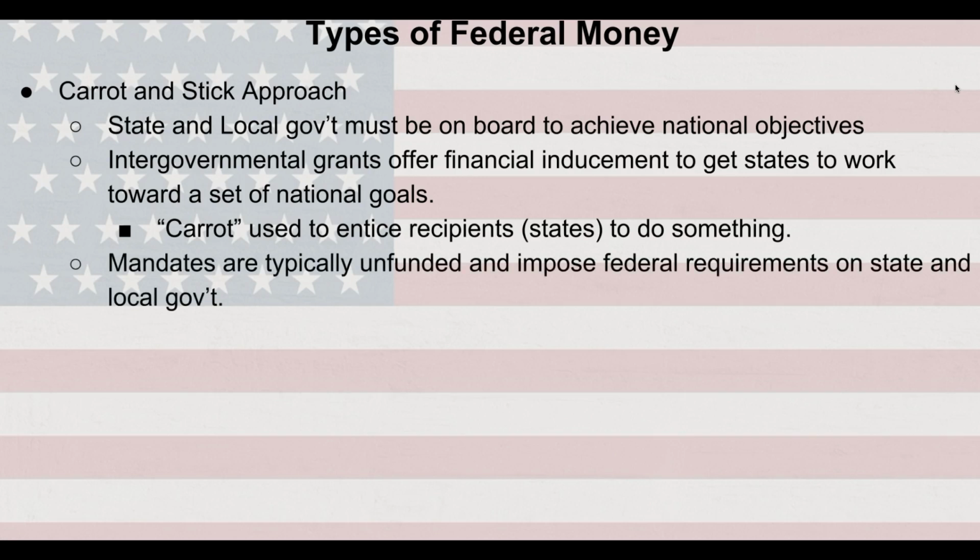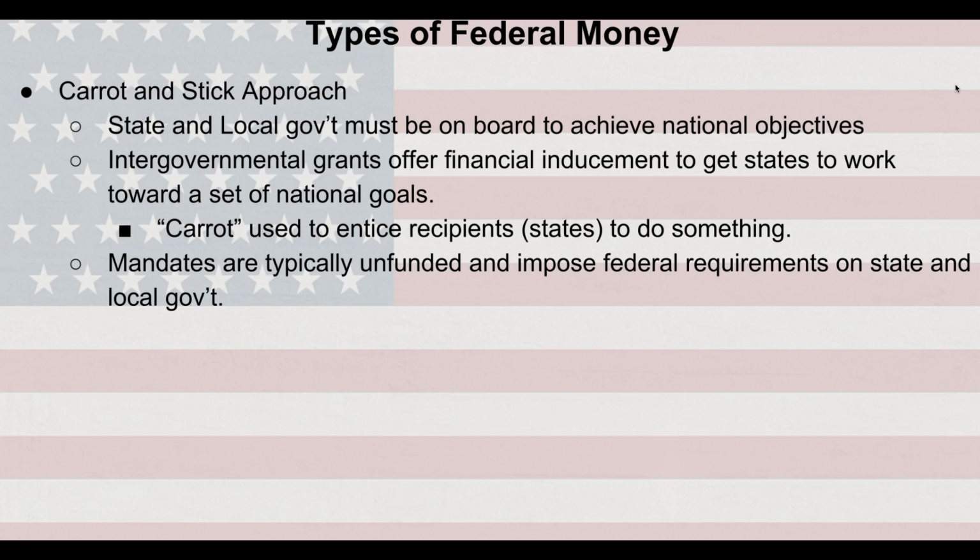But we oftentimes see what are known as mandates. If you have a mandate, these are typically going to be things that are unfunded or imposed by the federal government that are requirements on state and local governments, but there aren't going to be any carrots involved in instituting these types of things.